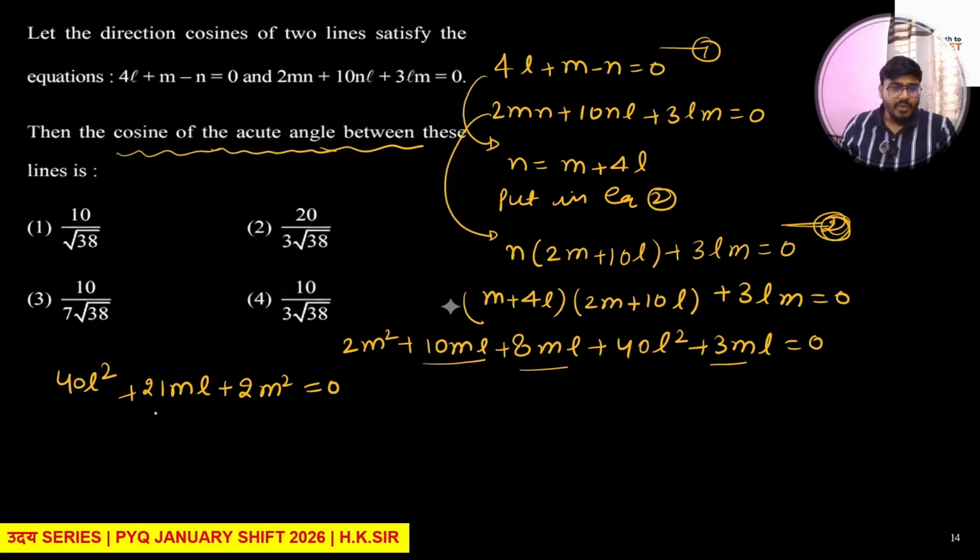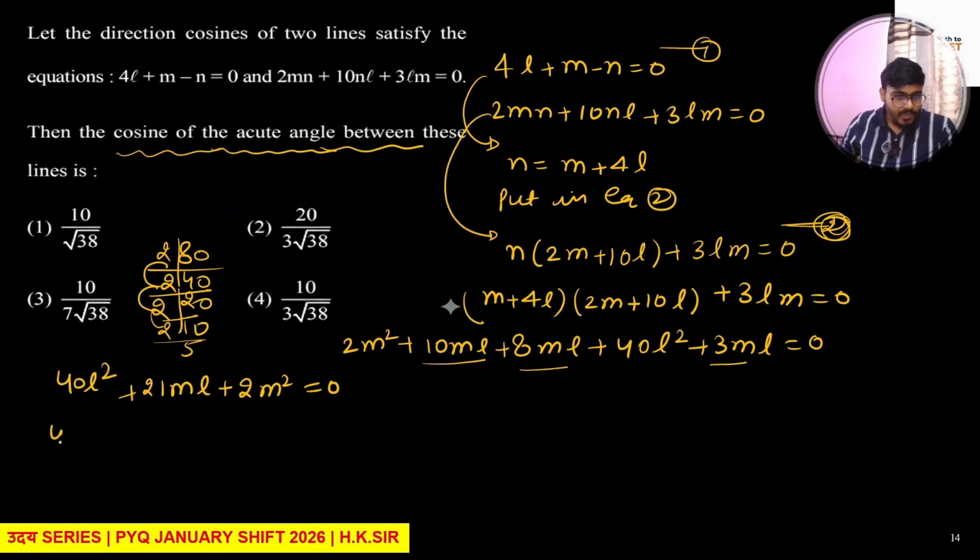Okay, now how do we factorize this? 40 into 2 is 80, and 21; we need two numbers that multiply to 80 and add to 21: 16 and 5.